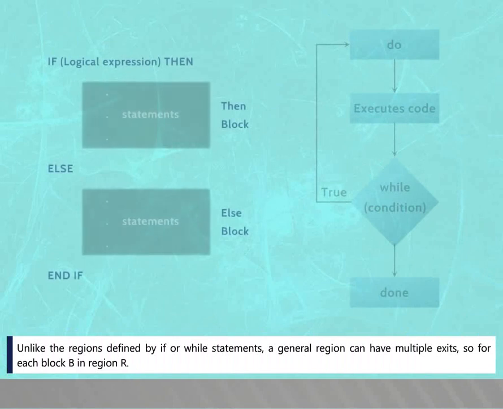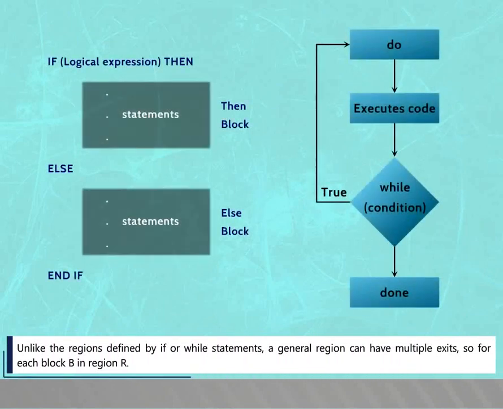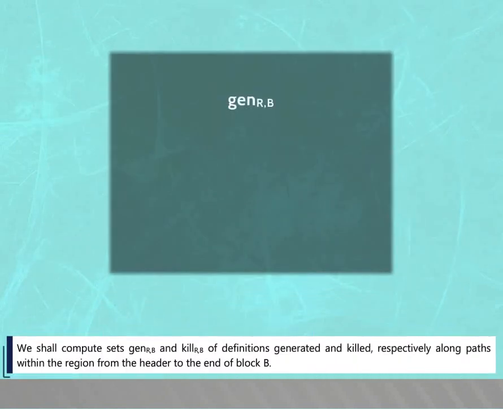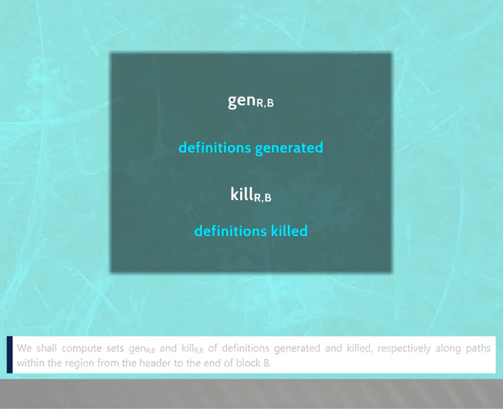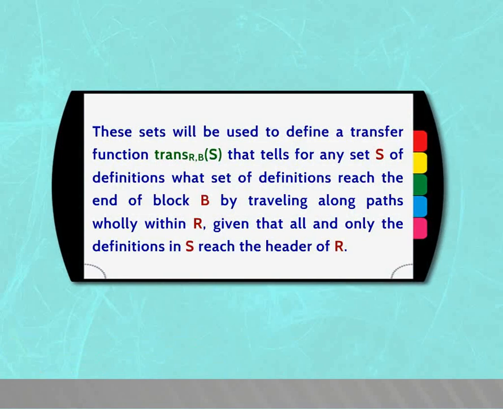Unlike the regions defined by if or while statements, a general region can have multiple exits, so for each block B in region R, we shall compute sets gen R, B and kill R, B of definitions generated and killed, respectively, along paths within the region from the header to the end of block B. These sets will be used to define a transfer function trans R, B of S that tells for any set S of definitions what set of definitions reach the end of block B by traveling along paths wholly within R, given that all and only the definitions in S reach the header of R.